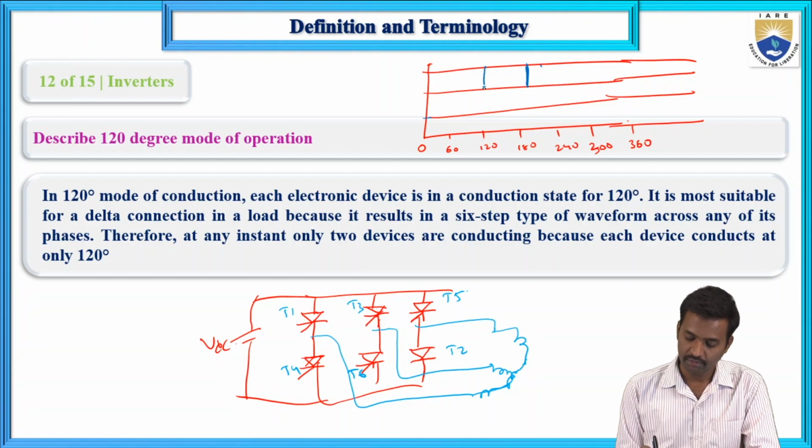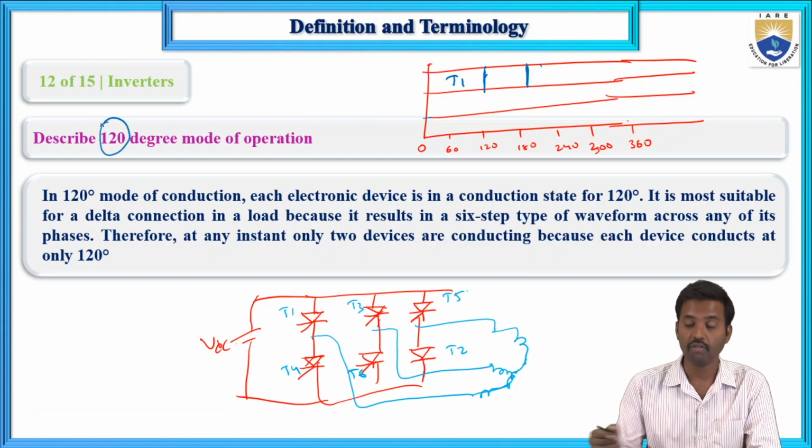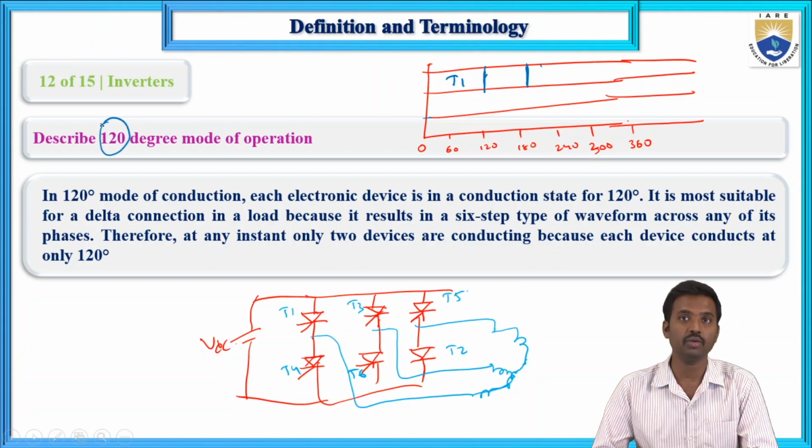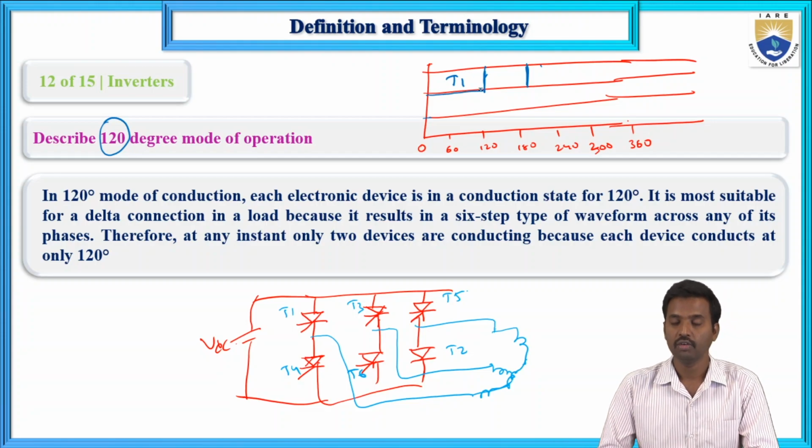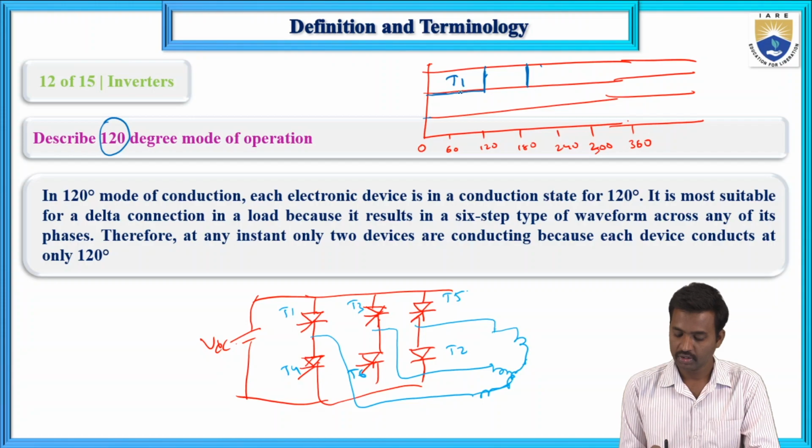So in the 120 degrees mode of operation, T1 will conduct up to 120. One thyristor will conduct for only 120 degrees. So T1 will conduct for 120 degrees, up to here 120, and for the remaining it will not work.